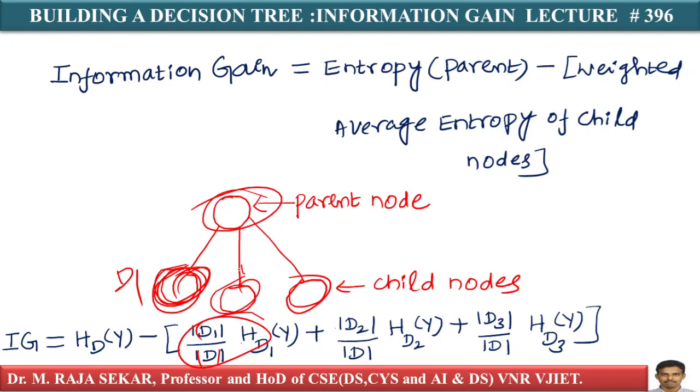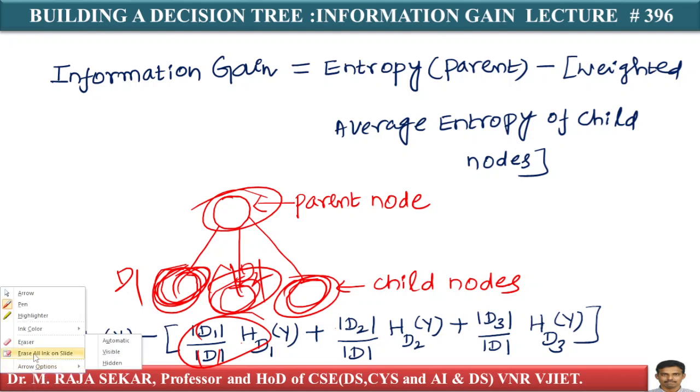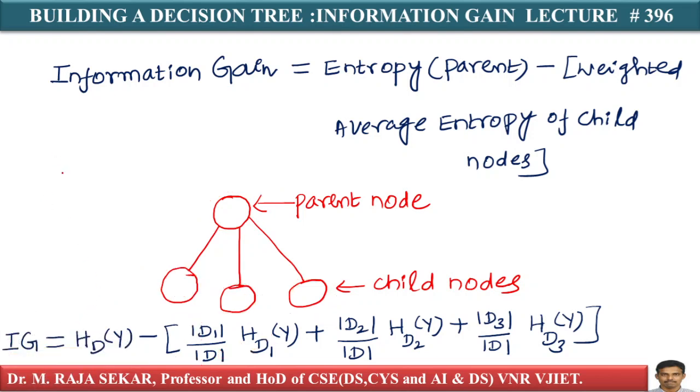Plus let me say here I have |D2| points: |D2| by total number of points, entropy at this point. This is the third partition. Let me say |D3|: total number of points in this partition by total number of points, into the corresponding entropy. This is a way to calculate information gain, IG, isn't it?